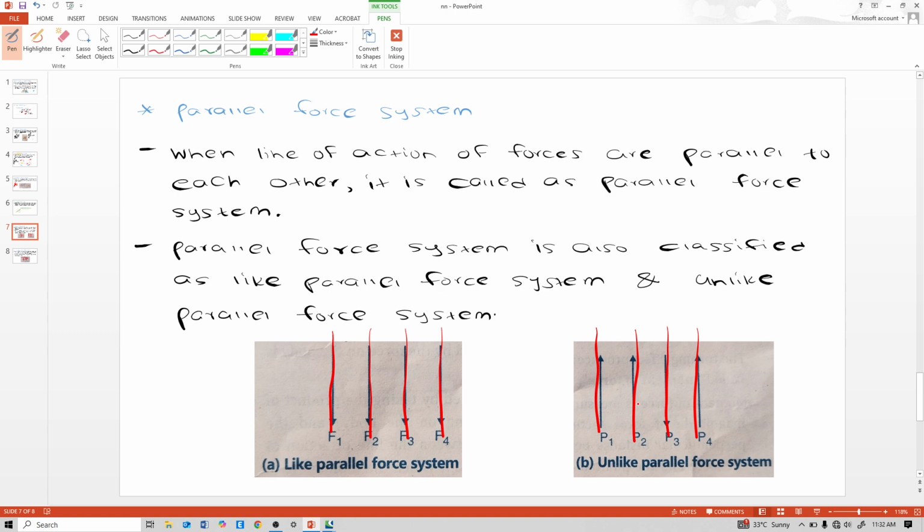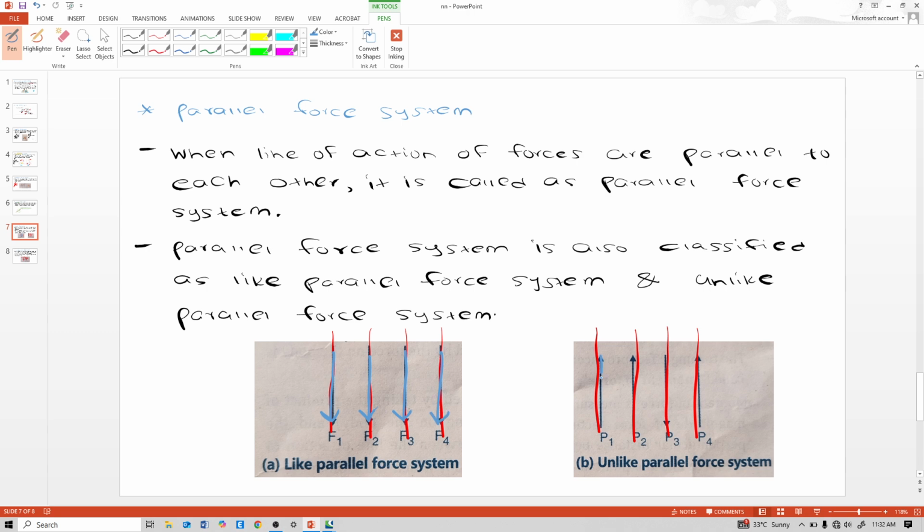But one concept is there: parallel force system is again subdivided into two systems, like parallel force system and unlike parallel force system. So what is like parallel force system and unlike parallel force system? In a like parallel force system, all forces act in one particular direction. See here, F1, F2, F3, the sense of those forces is on one side only.